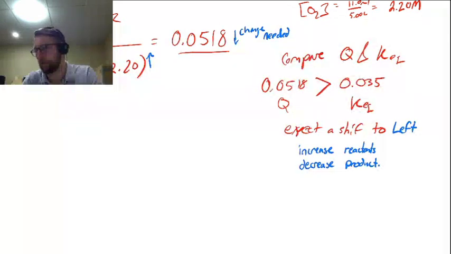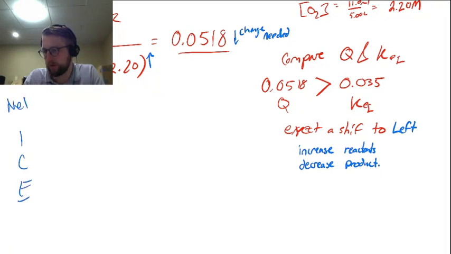So we now know that we're expecting a shift to the left, so we know that we should be adding x to the reactants and subtracting x from the products. So we could think about making an ICE chart now. This would be the next step.